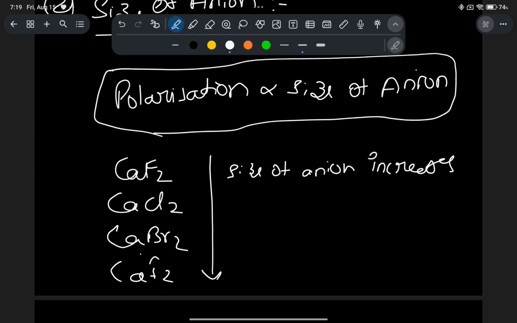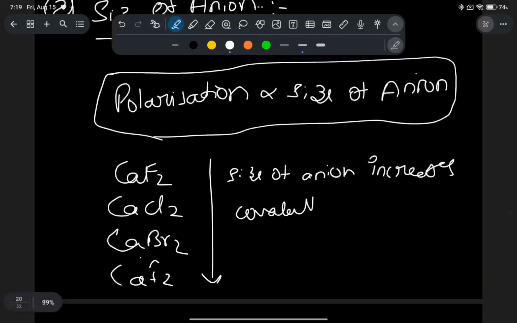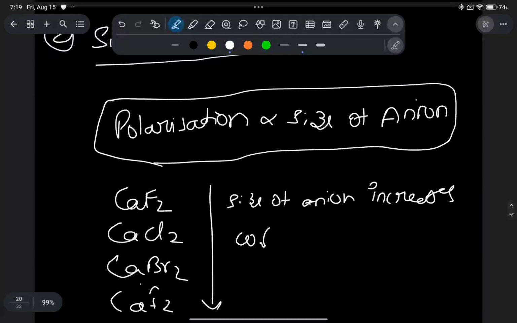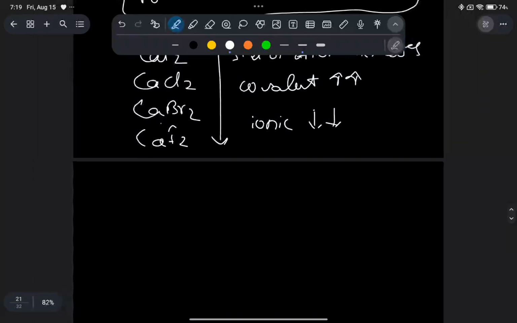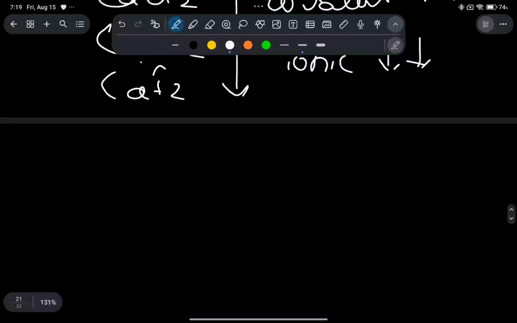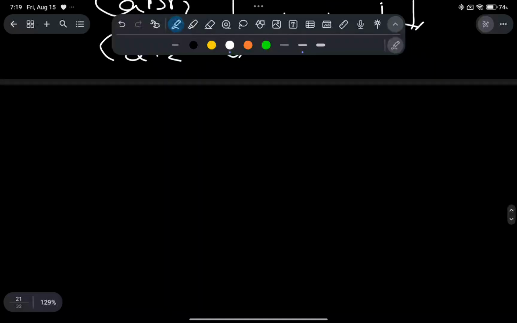Covalent character increases and ionic character decreases because the anion size increases. So it is reversed compared to the cation. You can easily find it out.